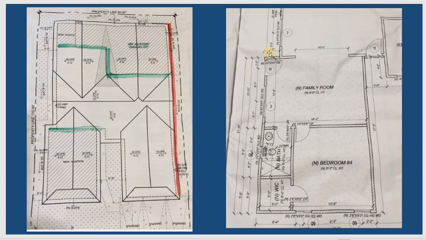So basically with the additional part right here, they can create a new family room, bedroom and bathroom. You can see that with the dimensions right here and right there. So this is the floor plan. Before, they had a wall right here. Now they open 10 feet 6 inches to get direct access to the family room.